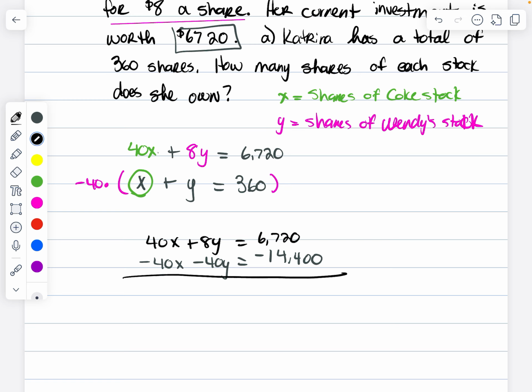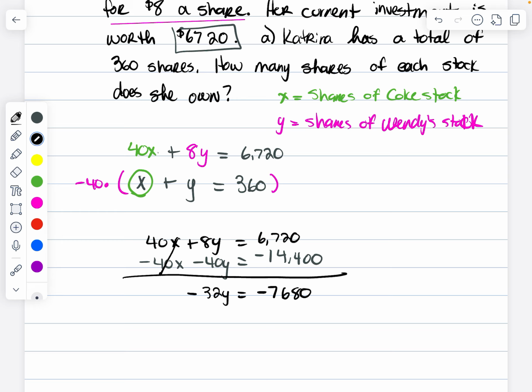When we add these two equations together, we do get rid of that X term so that we have negative 32y is equal to negative 7,680.